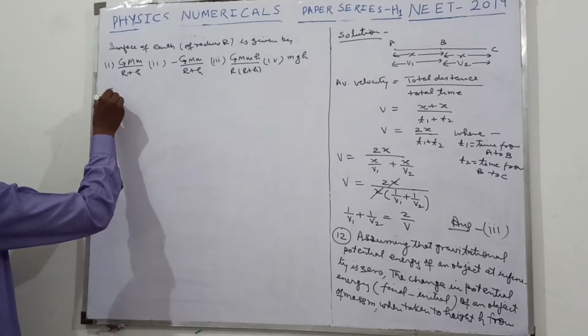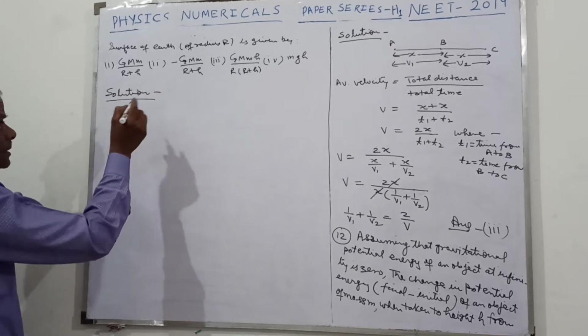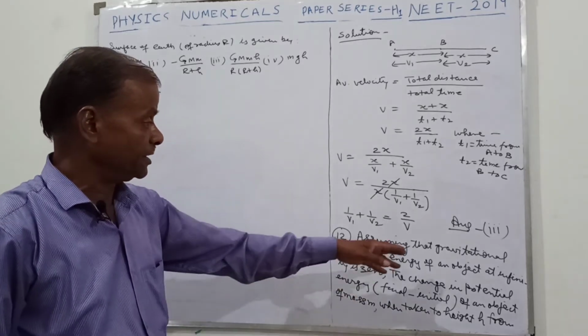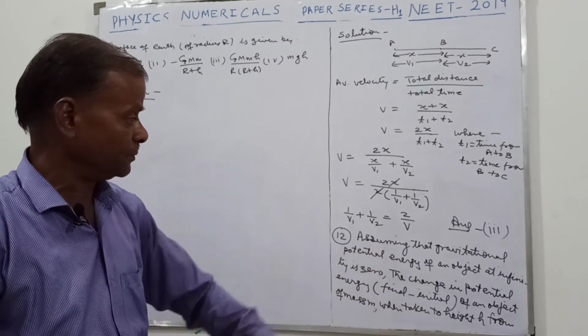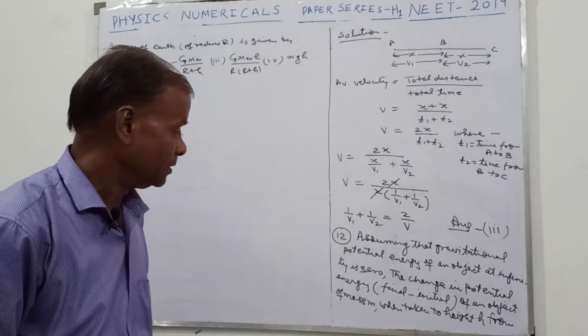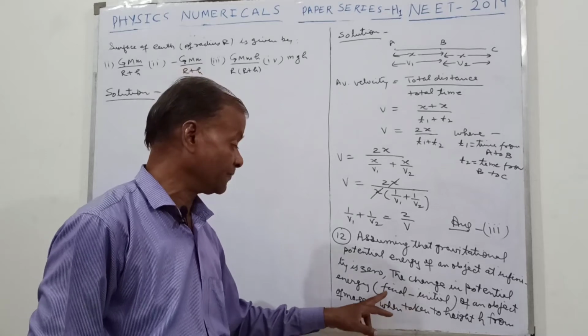Now the solution to this question. This has been solved, I think, 2-3 times. Assume that the gravitational potential energy of an object at infinity is zero. The change in potential energy, he has given, is final minus initial. You have to find the final minus initial.